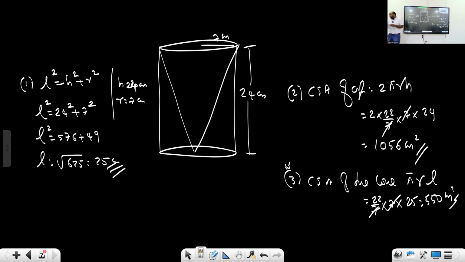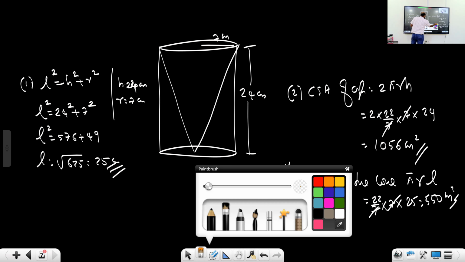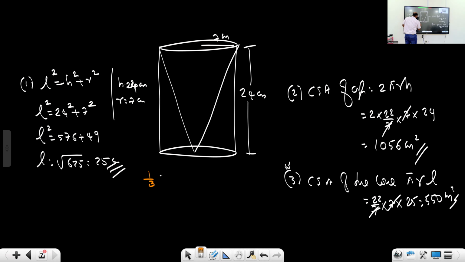Volume. If you finish, continue with the next question, question number 7. Have you done this volume? Volume of the cone is 1 by 3 pi r square h. 7 into 7 into h, how much? 24.